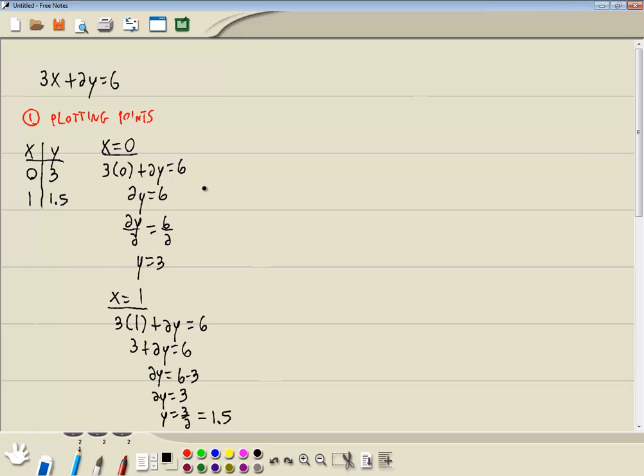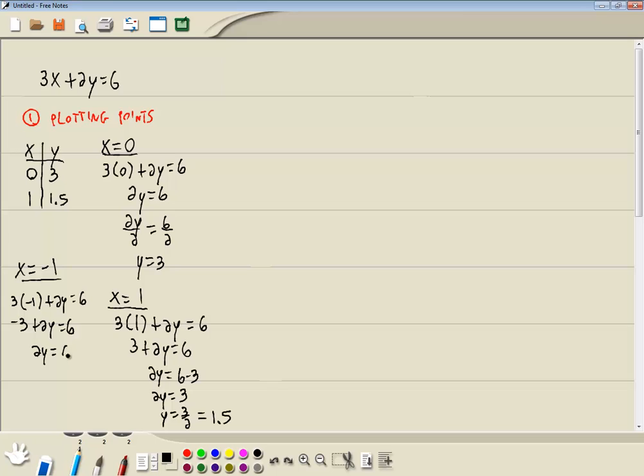Now I'm going to pick one more x value to work with. Let's say x equals, I don't know, -1. So we'll plug that in for x. So I got 3 times -1 plus 2y is equal to 6. 3 times -1 is -3 plus 2y is equal to 6.